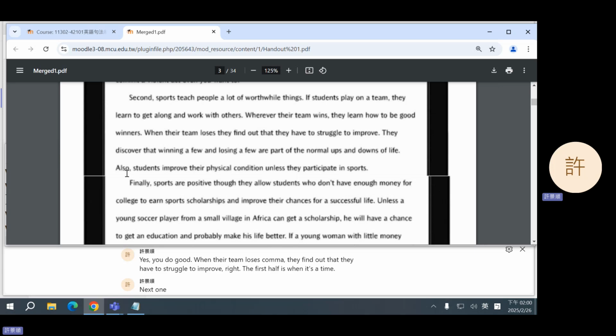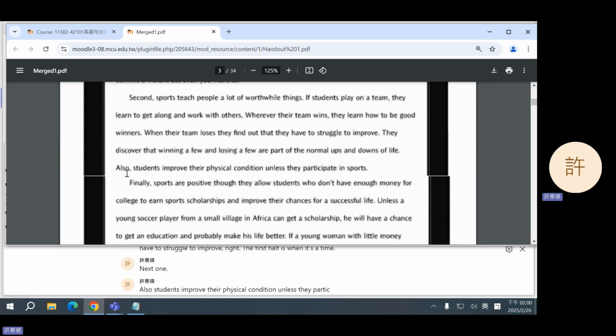Next one. Also, students improve their physical condition unless they participate in sports. That doesn't sound right. Wang, this one, this sentence. Okay, so what should this be?